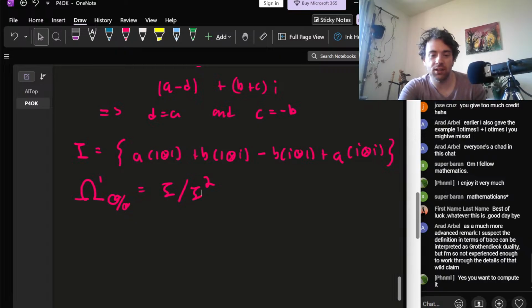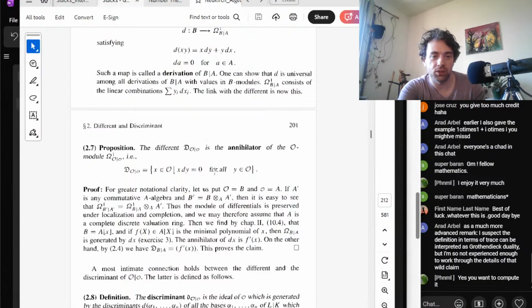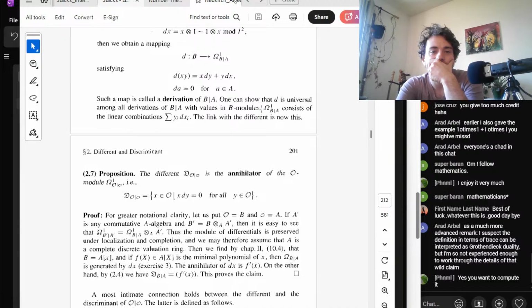But I am thinking maybe we don't need it, because we still need to know if something is in the square of the ideal or not, but we actually just want to know if some x annihilates the differential, the derivation. Consists of these linear combinations.